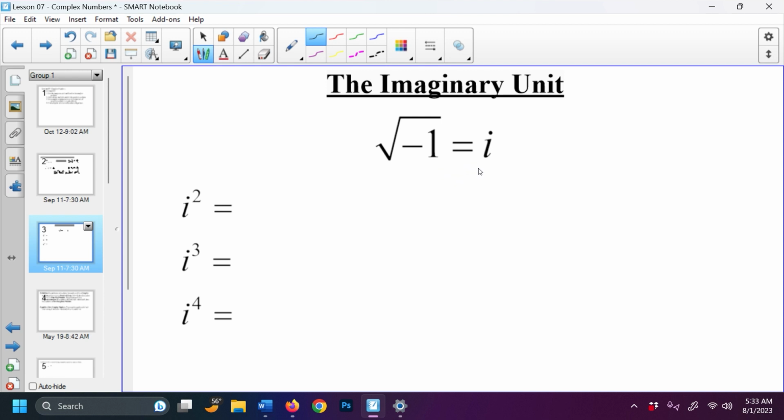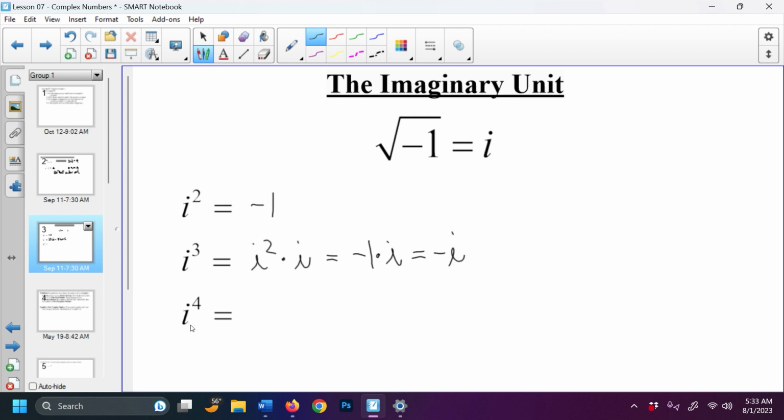If that's true, if the square root of negative 1 is i, then i squared should be negative 1. i to the third we can break down to i squared times i, because you would add your exponents. And we know that i squared is negative 1, times i will be negative i.